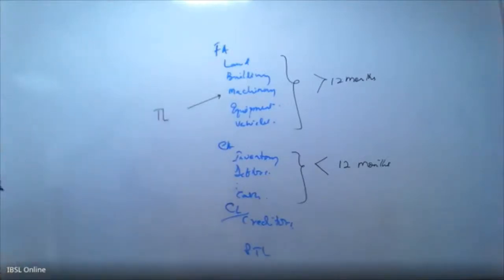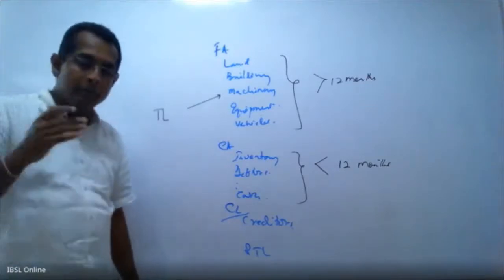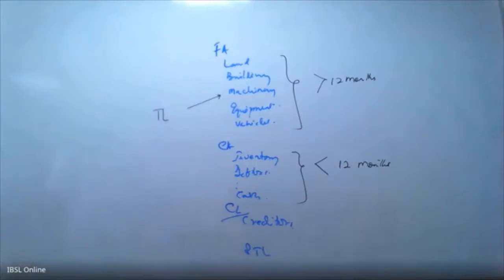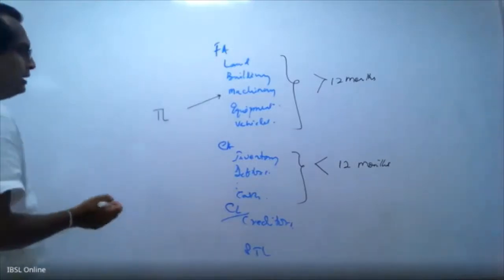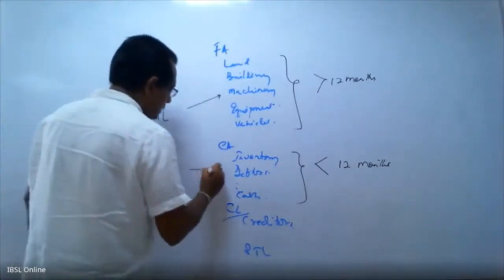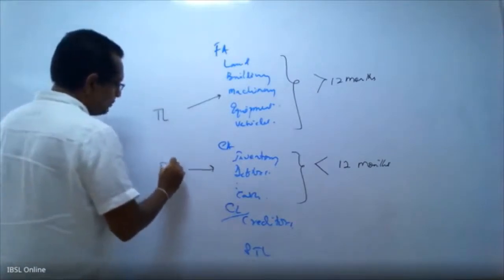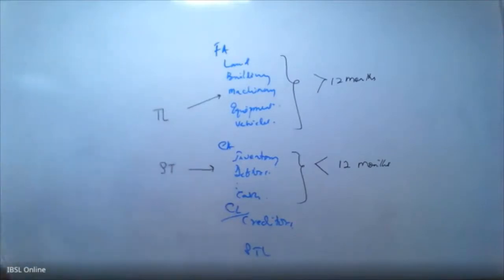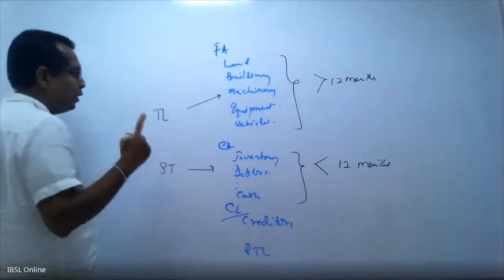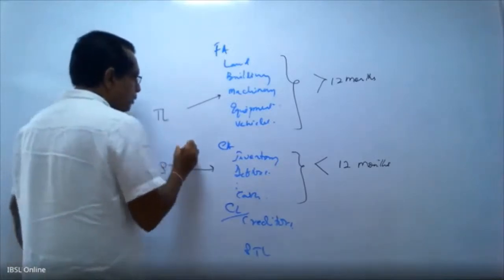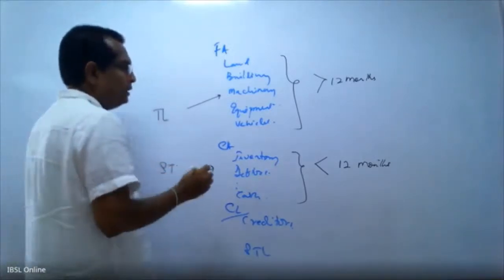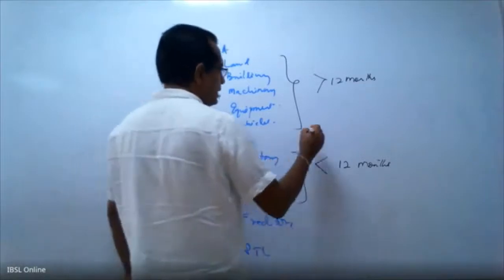Any facility which has to be paid over a period more than 12 months, right? Then these facilities are financed with short term. Any facility which needs to be settled within 12 months period, with the exception of working capital.